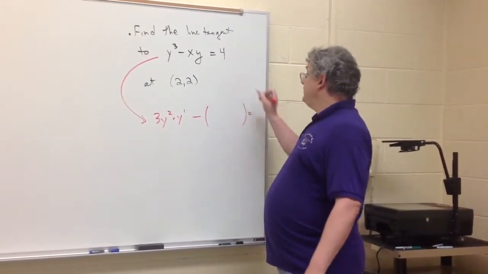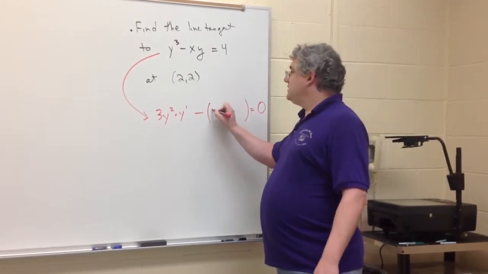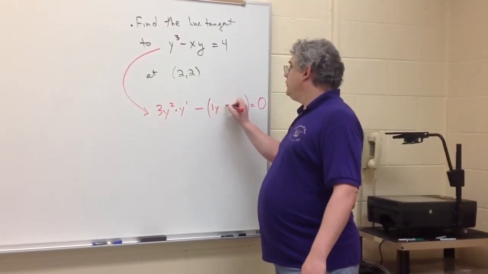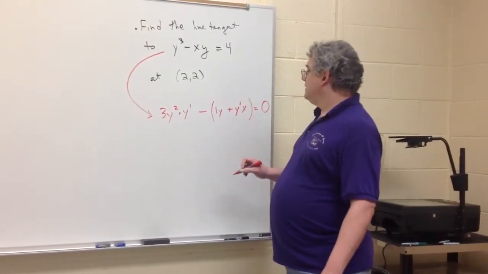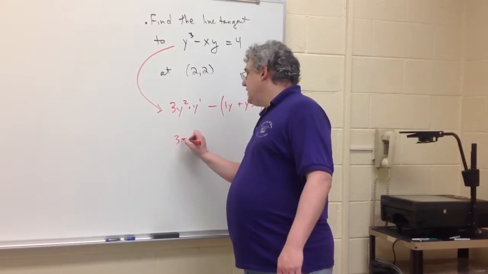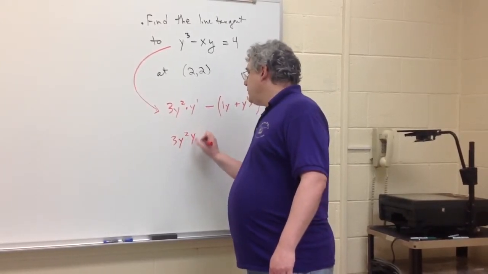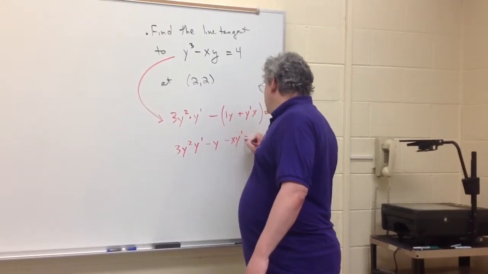And then going ahead, the derivative of 4 will be 0. So, derivative of x times y plus the derivative of y times x. That minus sign means we have to distribute it. So I get 3y squared y prime minus y minus x y prime equals 0.